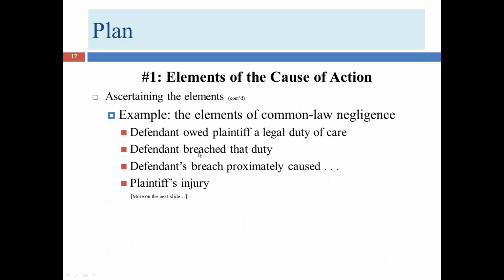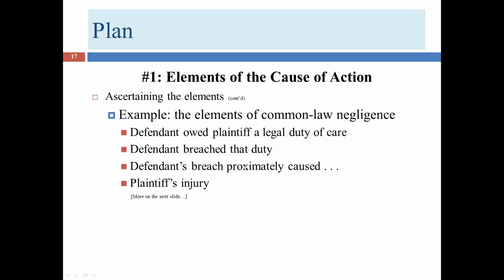Obviously, every single case is going to have a different set of facts. In some cases, the defendant breached the duty by driving over the speed limit, by not paying attention, by being intoxicated. There's lots of different ways that negligence can happen. And so you're not going to get a jury instruction on this one. You're going to get one on the first one, and on the third and the fourth. So we're talking about this one right here.